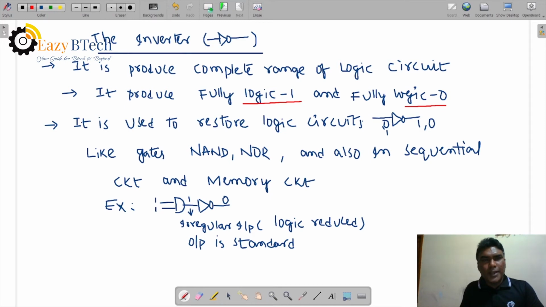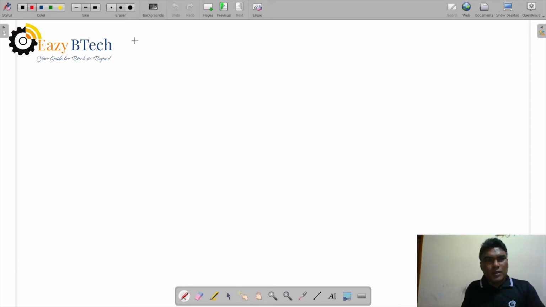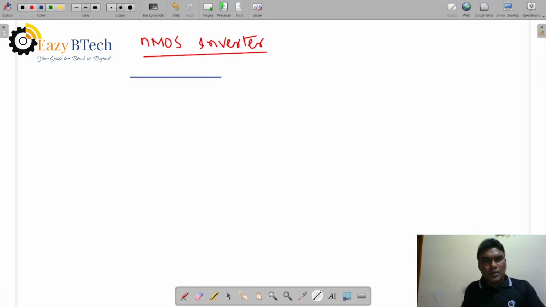Let us see the different types of inverters. We have three types: NMOS, CMOS, and BiCMOS. Let us first discuss the NMOS inverter. The circuit representation of the NMOS inverter: by using NMOS transistors we can design the inverter circuit.